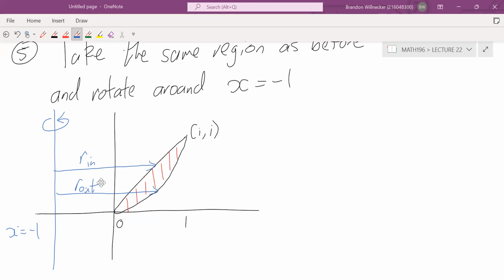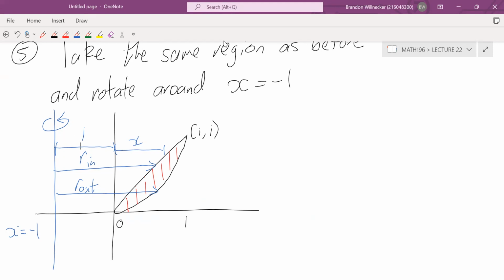We know this distance here is x, and this distance here is 1, because going from -1 to 0 is a distance of 1, and from 0 to the line y equals x, that's a distance of x.